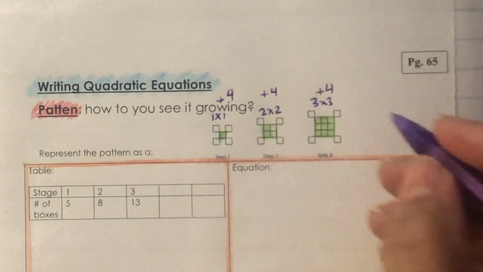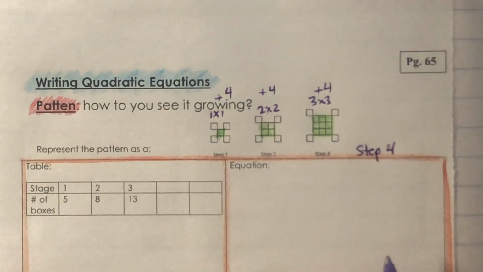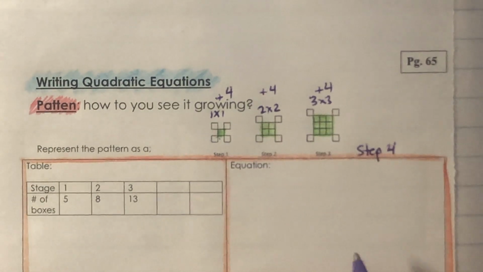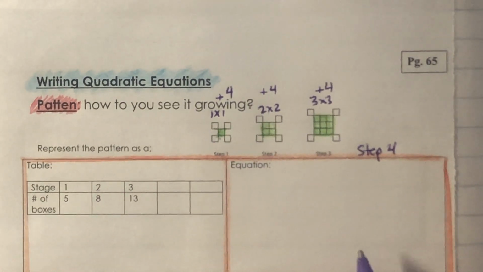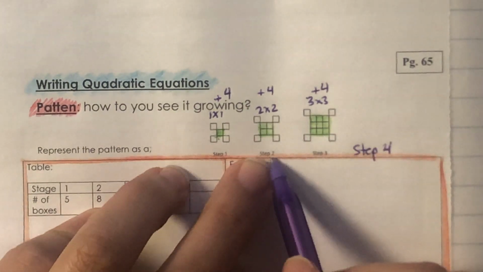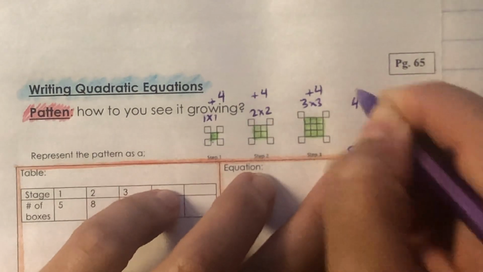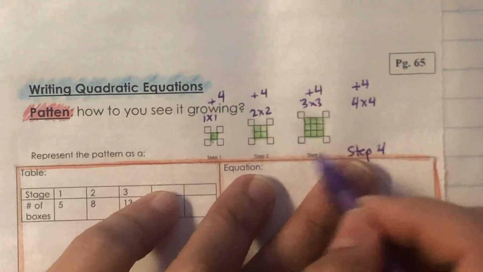So if I was to draw the next pattern, okay, pause the video actually and go ahead and try to draw what the next pattern would be. All right, what I would see is, because I had a 1 by 1 here, 2 by 2 here, 3 by 3 here, I'm going to imagine that I will have a 4 by 4 here, and I would have that 4 boxes on the side.